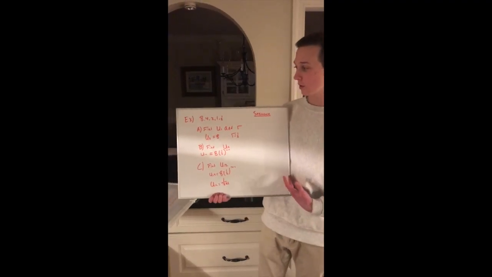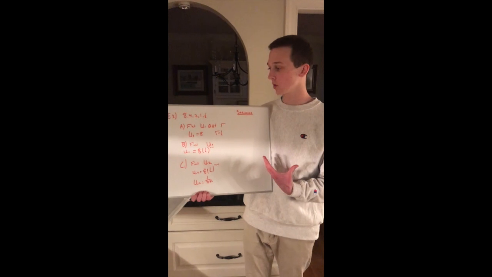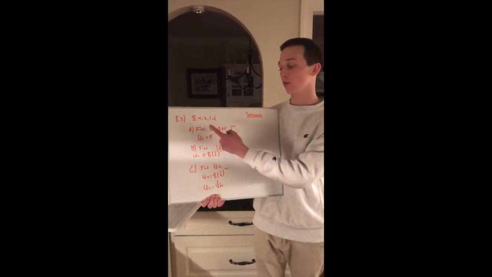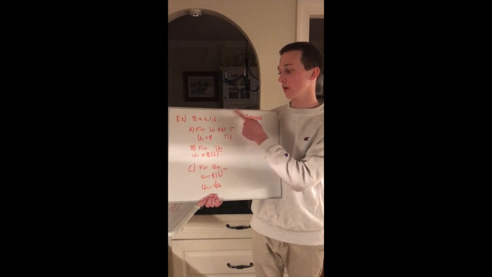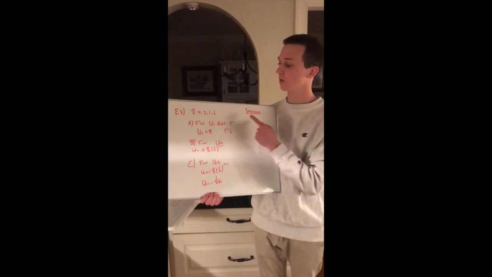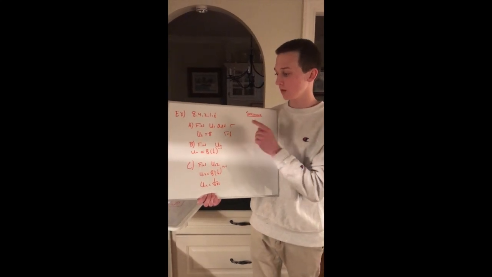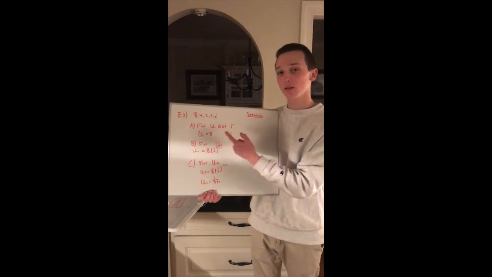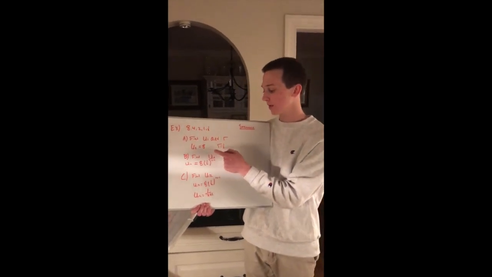So when looking at sequences, here is a quick practice problem. So we're given this sequence going from 8, 4, 2, 1 to 1/2, and it's a 3-part problem. And the first part says, find u1 and r. So we know right here, u1, it's the first number in the sequence, so that's 8.